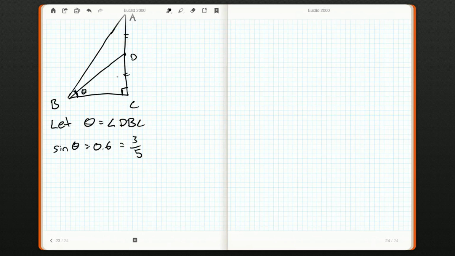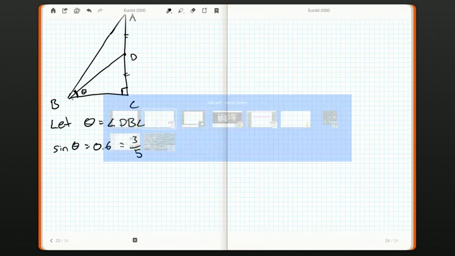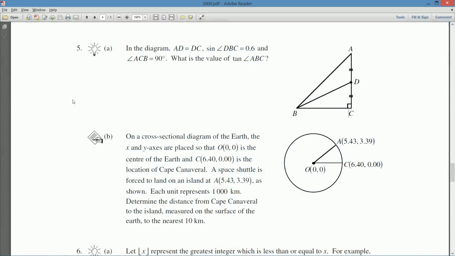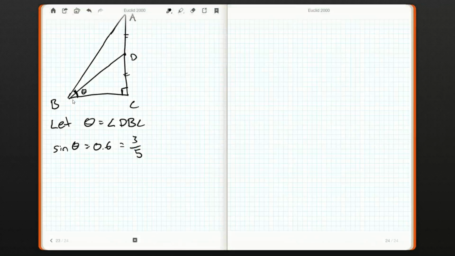But I think the much simpler way is to say, we have a sine here, and that tells us something about the opposite side, DC, and once we know something about DC, we know something about DA, and it also tells us a little something about the hypotenuse. So, I think we want angle ABC here. I'll just double check that. Yeah, we want tan ABC.